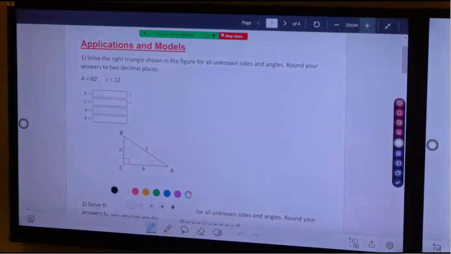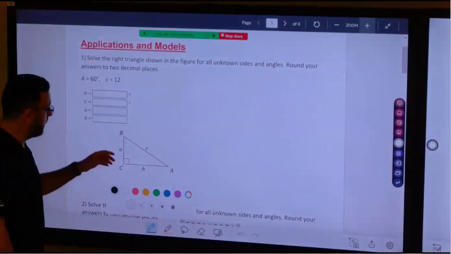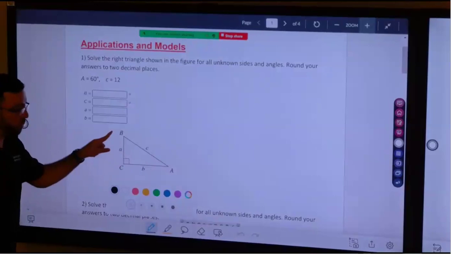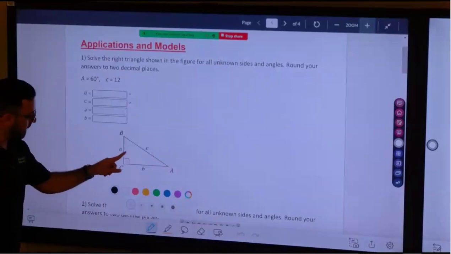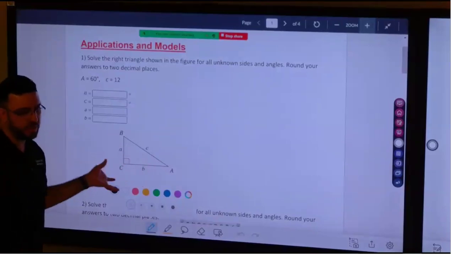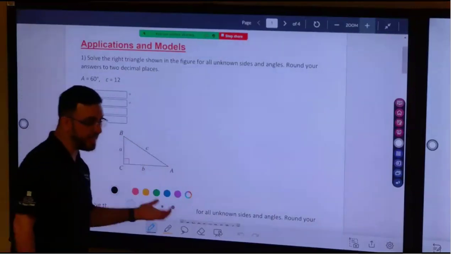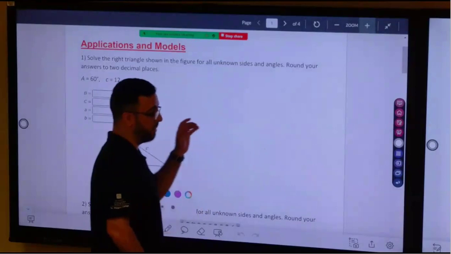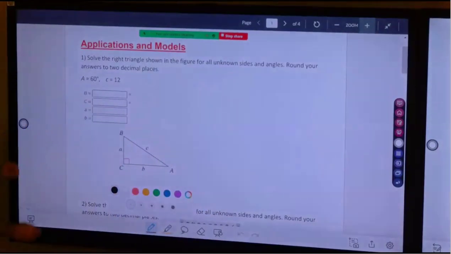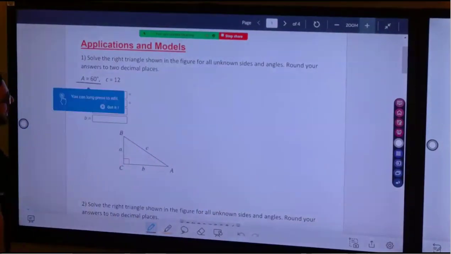Look here at this example. We have to figure out A, B, C, which are the angles. Capital A, B, C are the angles, and the small letters a, b are the sides of the triangle. But the only thing they're giving you is A equals 60.